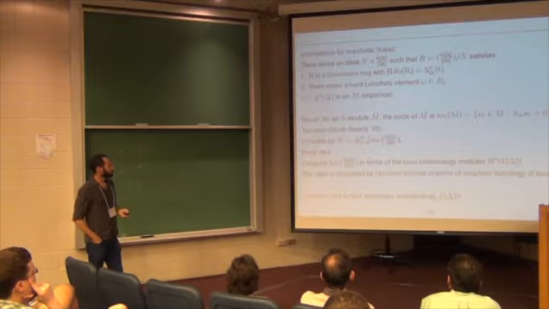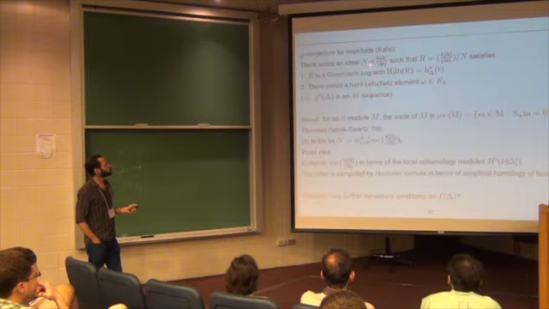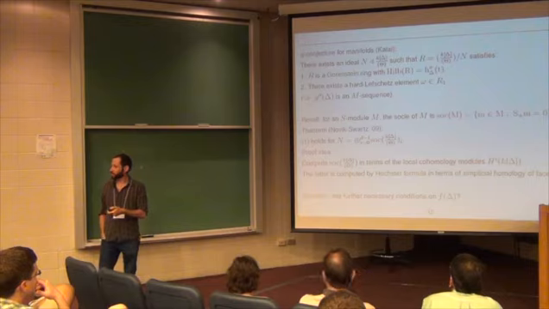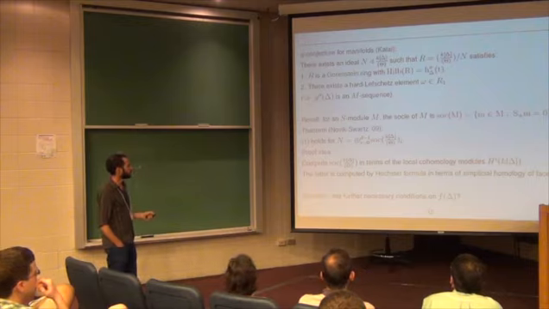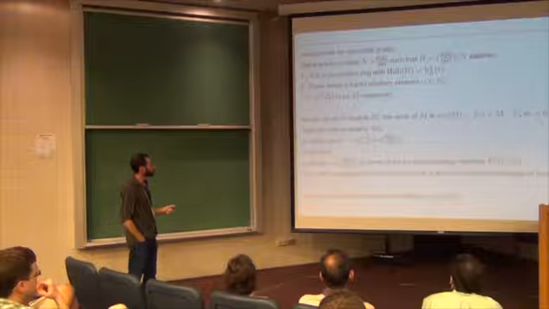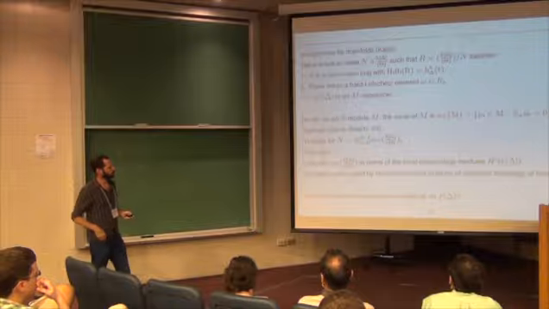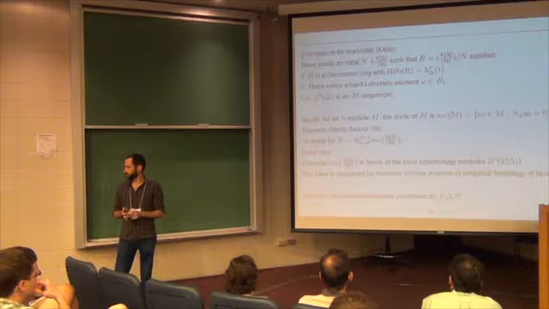And so Novik and Swartz found the first part: what should we mod out by to get this algebraic interpretation of the h double prime vector? In order to explain what they found, we need to recall what the socle of an S-module is. These are all the elements that are annihilated by the maximal ideal.